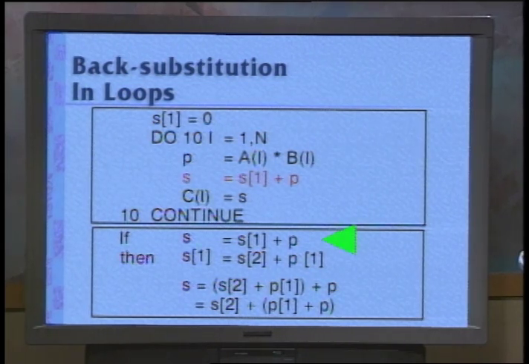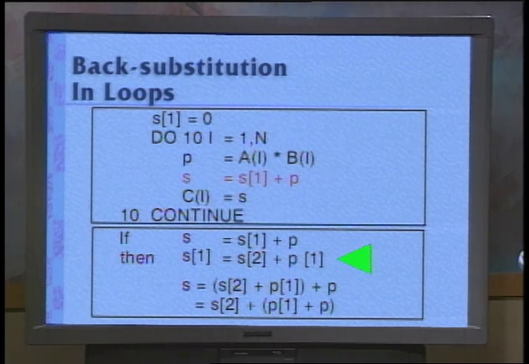Since S is equal to S from the previous iteration plus the product term, we are just restating this. Therefore, this must be true on the previous iteration as well, in all cases except if we are talking about the first iteration. So S[1] is equal to S[2] plus P[1].